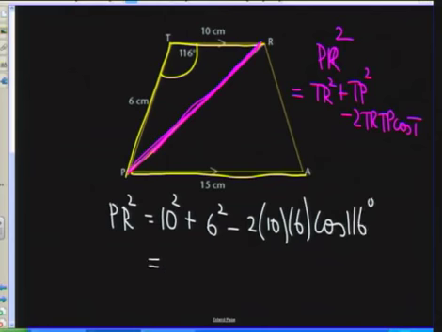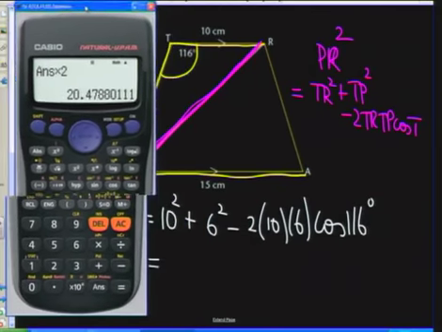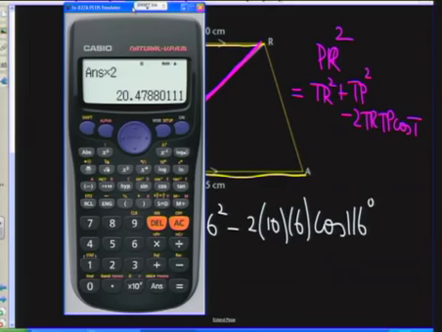Once we've got those values, we can now go on to our calculator. It's 10 squared and 6 squared. So it's 100 plus 36 minus 2 of that. So it's a 60, and it is a sine, no, it is a cos of 116. So we get 188,6.